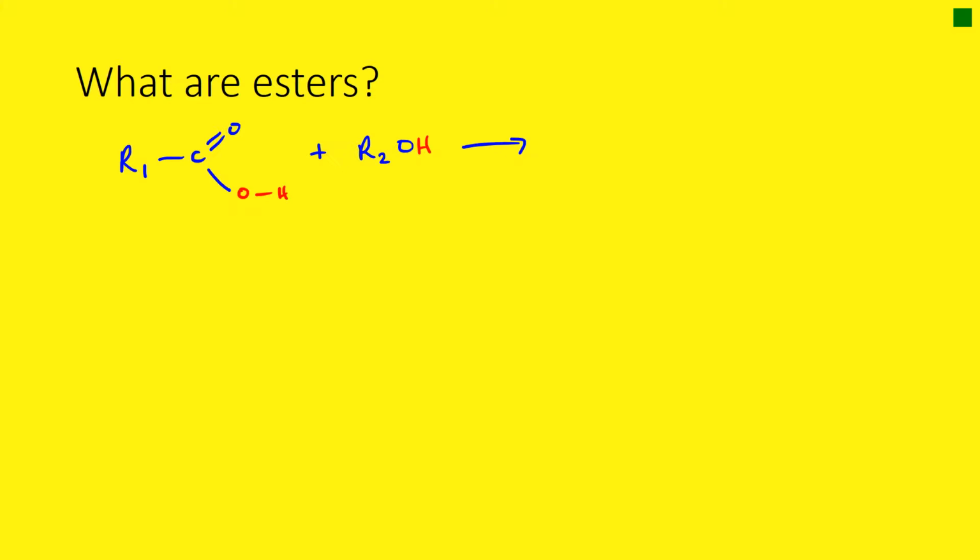Okay, so our ester consists of our original carboxylic acid alkyl group, and we've still got our carbonyl group there, and we have our ester link formed, which links up with our alkyl group that was part of the alcohol molecule. So that's our ester with the ester link, but we've condensed out the OH from the acid and the H from the alcohol, and we can write it like that because they're going to come together and make a water molecule.